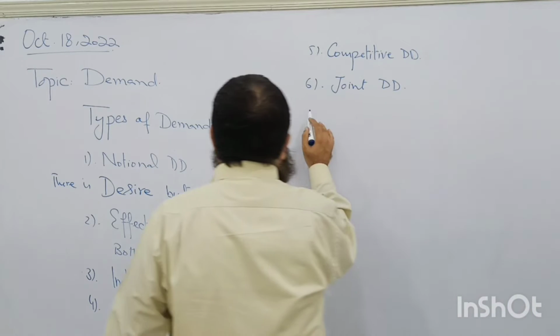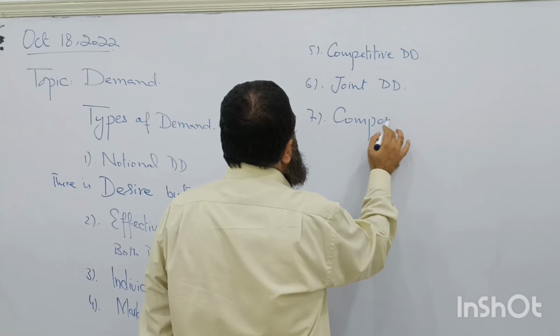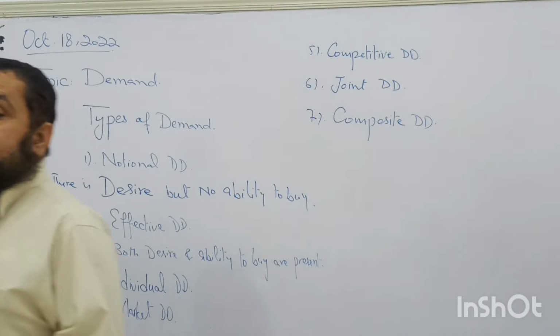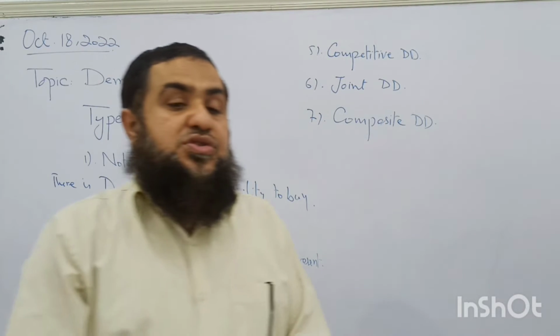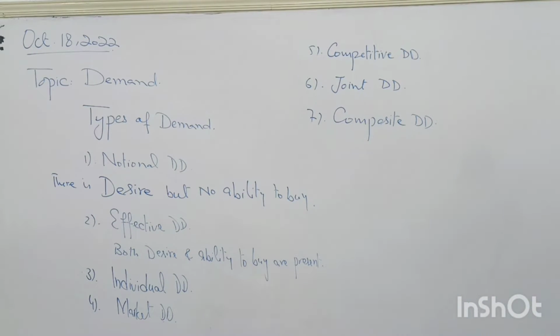Now what is meant by composite demand? Composite demand is that if a product has multiple uses, so its demand will be called composite demand. For example, milk can be used to make desserts, yogurt and different types of milkshakes, tea and coffee.